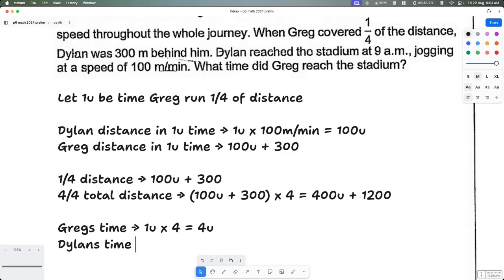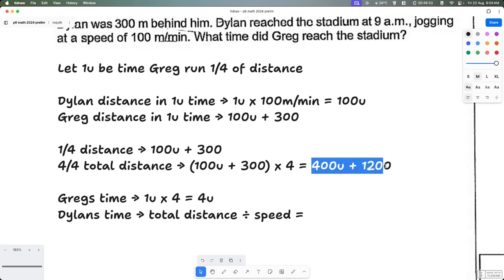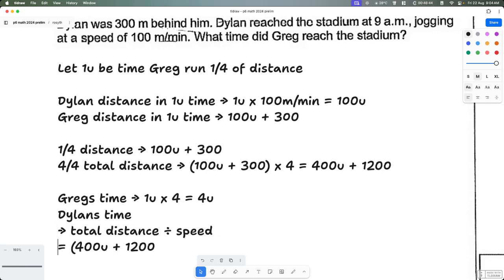And Dylan's time is basically equal to total distance divided by speed, to get time. So total distance is 400 units plus 1200. Let me just put this on the next line, easier. 400 units plus 1200, and then we divide by the speed.